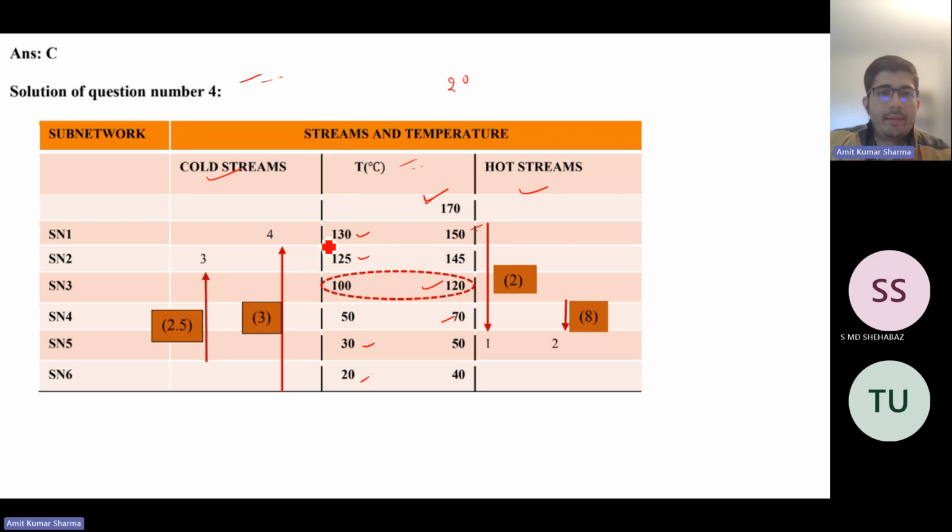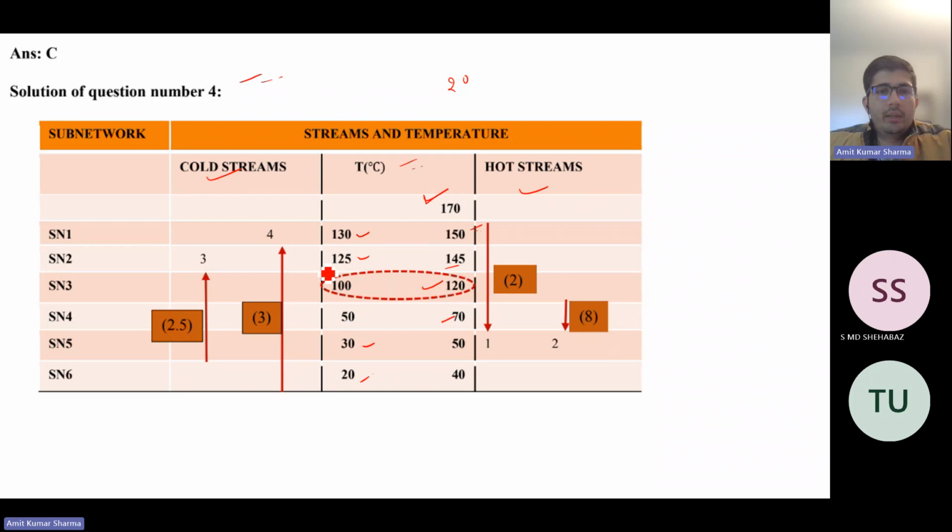Okay, 150. Now we again have 125, and again we have a maximum of 20 degrees temperature difference. So 125 plus 20 will be 145. So there will be 150 to 145.